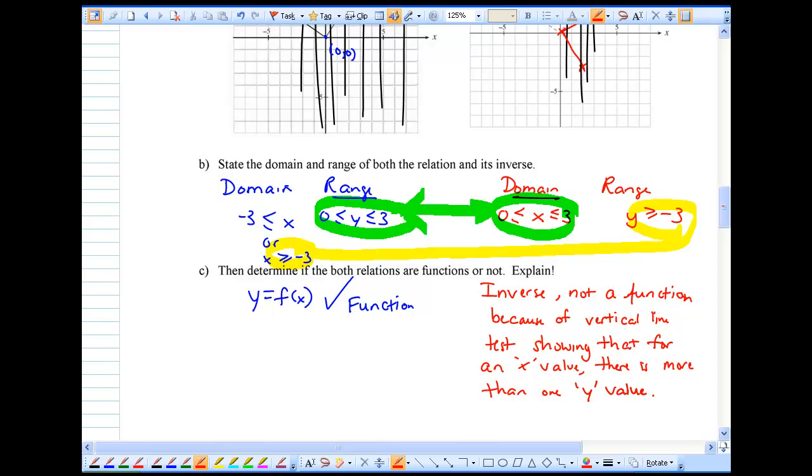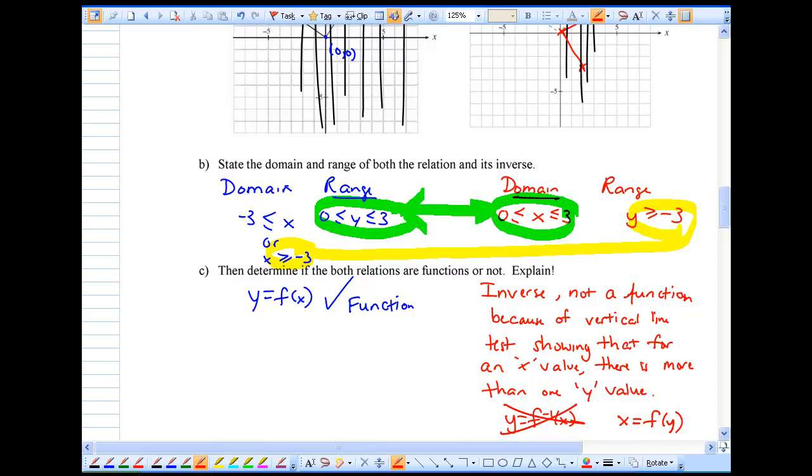They are not exclusive. The x is dating two y's. Bad news. Okay? And by the way, that's why I did not write the inverse notation like this, okay? Because that means that the inverse is also a function. But if I write it like this, that's okay.